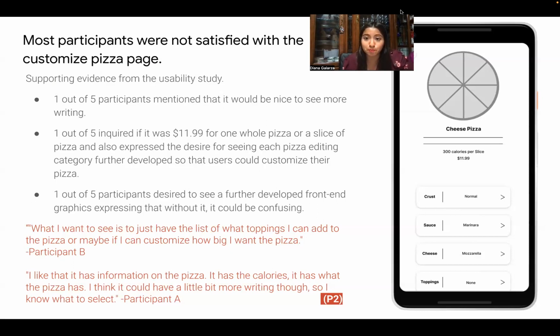This particular participant was disappointed that when he tried to select a crust, for example, or sauce or cheese or toppings, right? This is a fun, probably the only fun part about placing your pizza order besides eating it. People don't really like those logistics, especially when you're hungry. You just want your food, right?